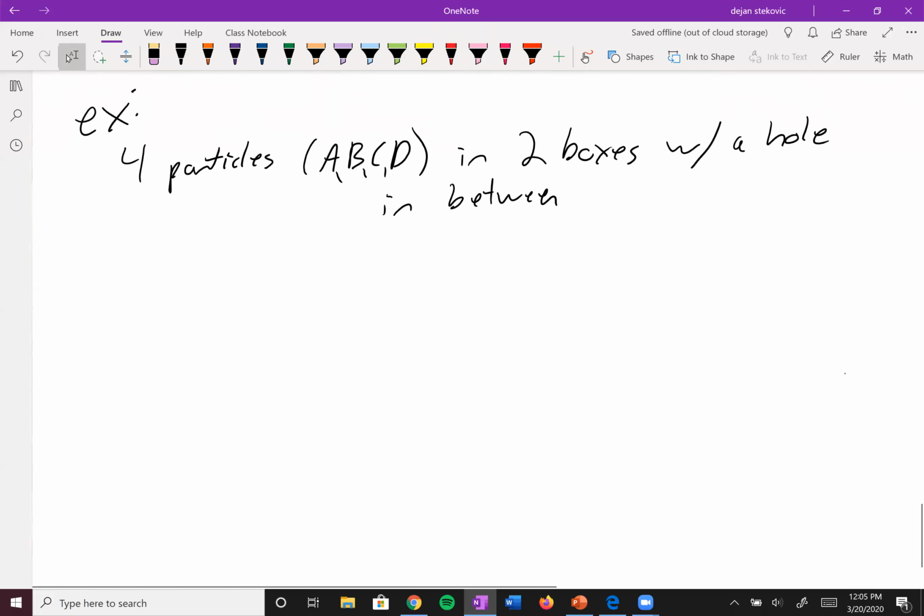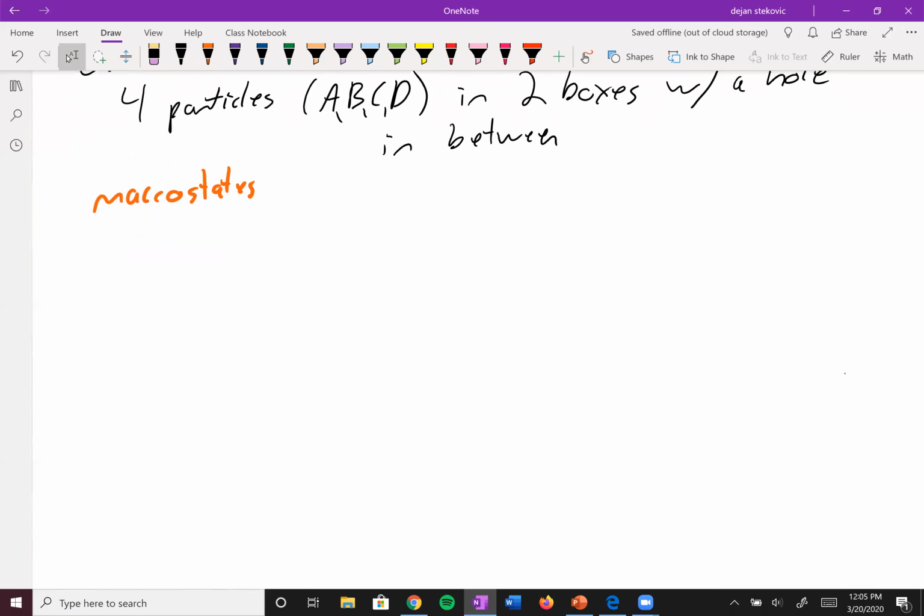And so we can think about what the macro states are and what the micro states are. So let's take a look at the macro states first. So the macro states are describing the property. So you can think about this as a balloon, and the number of molecules is proportional to the pressure of the balloon, or you can just think about where they're at, right? So let's take a look.